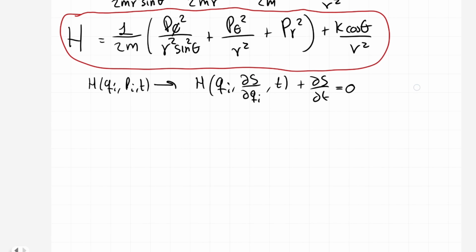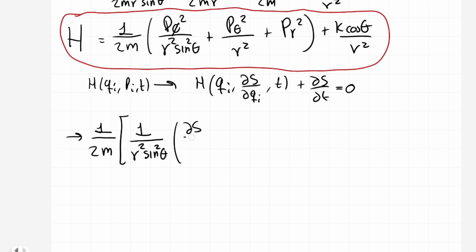So we are going to construct the Hamilton-Jacobi equation as the next. It will be 1 divided by 2m, that multiplies 1 divided by r squared sine squared theta times the derivative of S with respect to phi squared. Yeah, that corresponds to this, p phi.